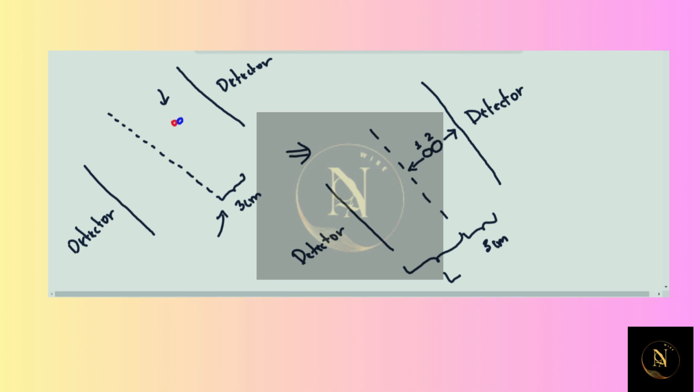So as we can see from the picture, we're going to call this photon, the one that is farther from the detector, 1, and the one that is closer to the detector as 2. So the distance that photon 1 needs to travel to reach the detector is going to be L plus 3 centimeters. Meanwhile, photon 2 needs to travel just L minus 3 centimeters.